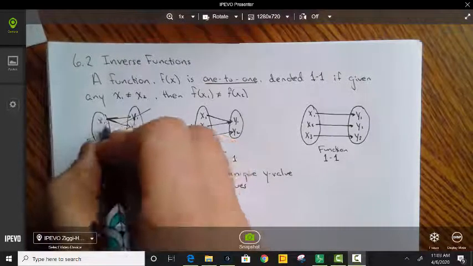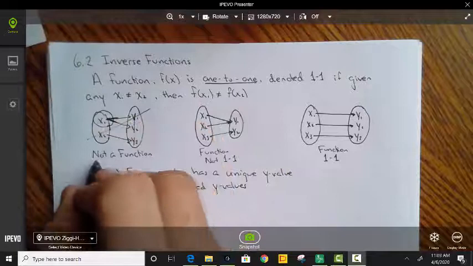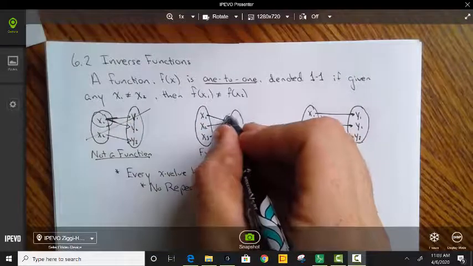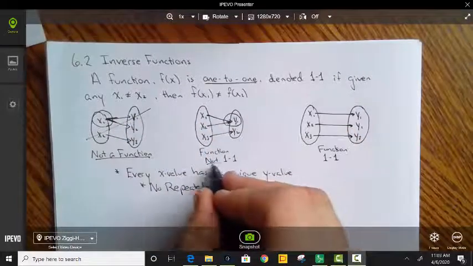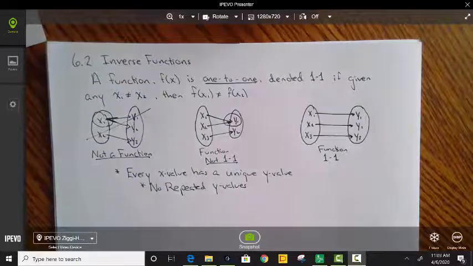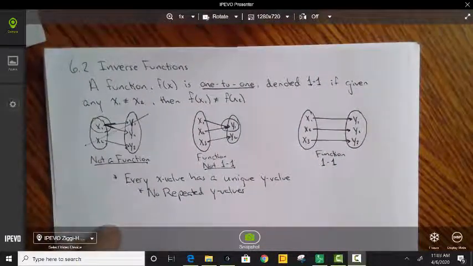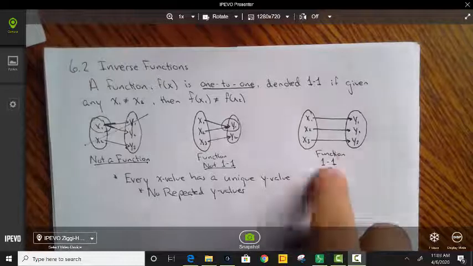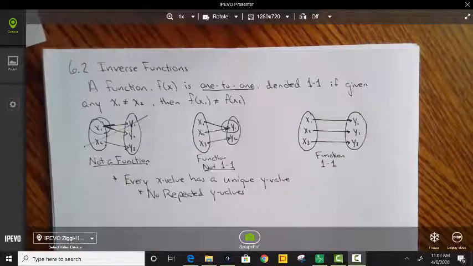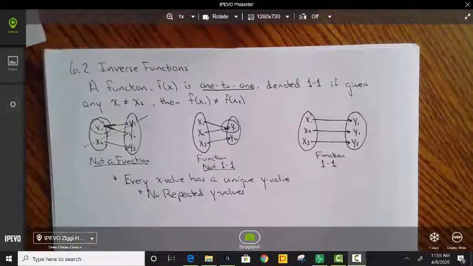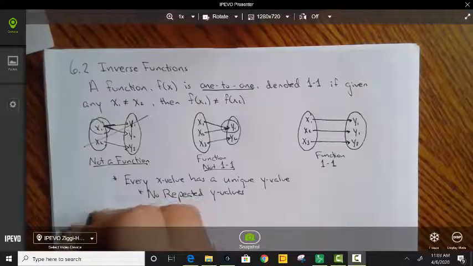Remember, repeated x values means it's not a function. Repeated y values means it's not one-to-one. If we have no repeating x values and no repeating y values, then we have a function that is indeed one-to-one. That's how we can tell if a function is one-to-one using a mapping. The same logic applies to tables or sets of ordered pairs.